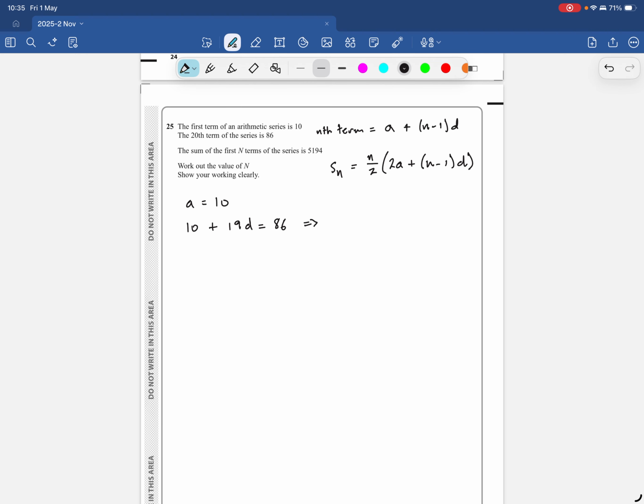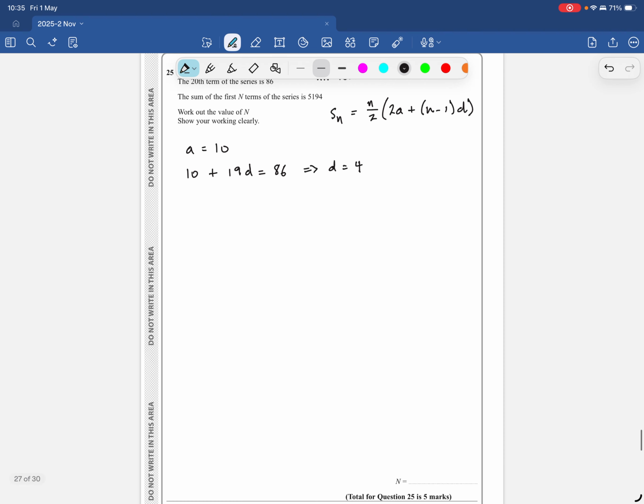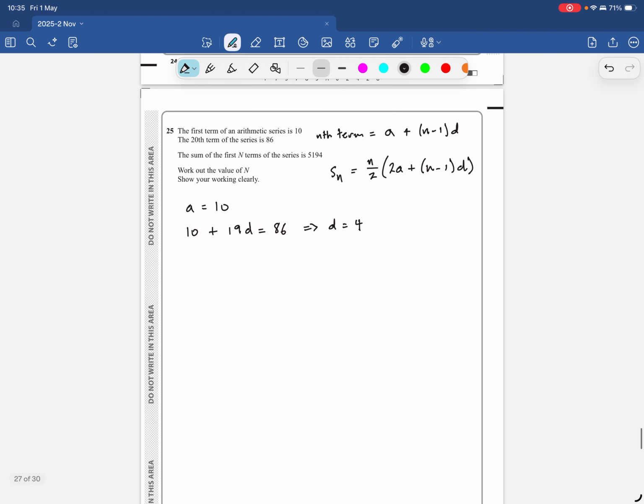So that implies that D equals 4. Okay. Now they haven't given you very much space to do all this calculation in. So instead of writing lines and lines of calculations, I'm going to do this quite tersely. But you've got the method there. So D equals 4 and A equals 10.